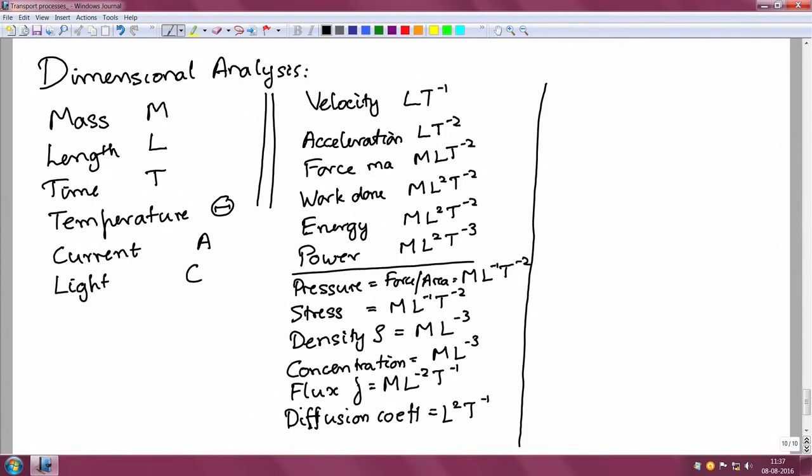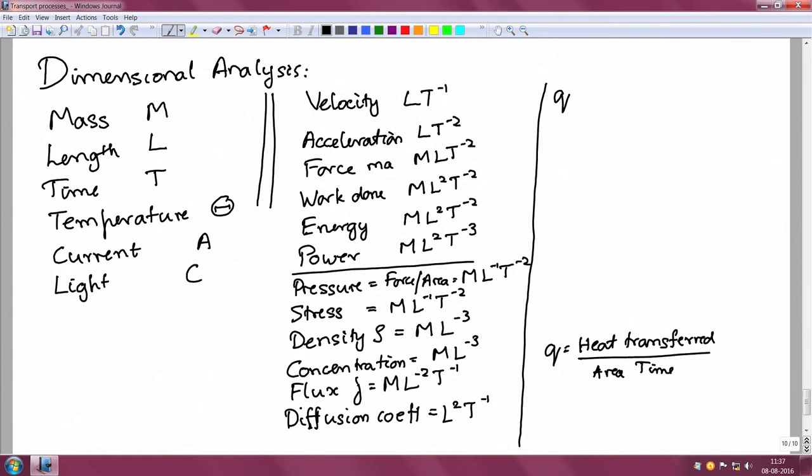The heat flux Q is defined as heat transferred per unit area per unit time. Just as J is mass transferred per unit area per unit time, Q will be the heat transfer per unit area per unit time.